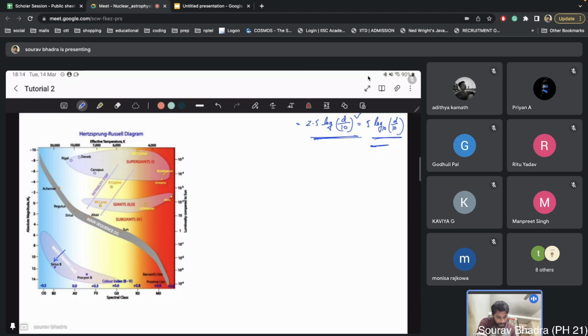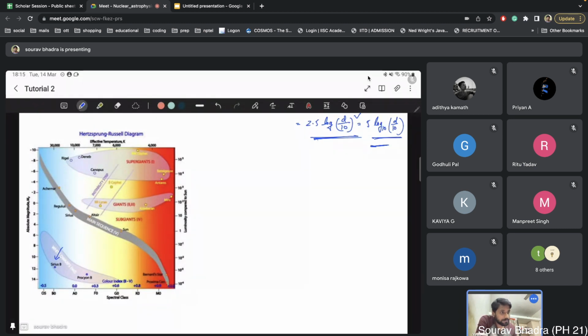I have particularly considered Sirius B because its exact value is available on the internet, and we can compare our calculation with the available result to see how close we are.